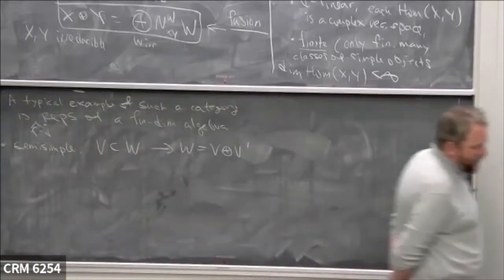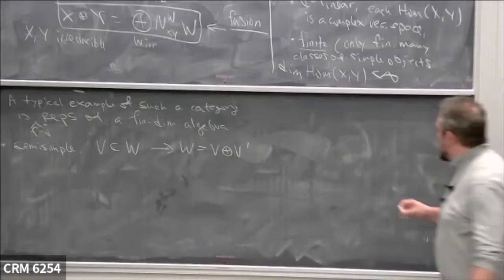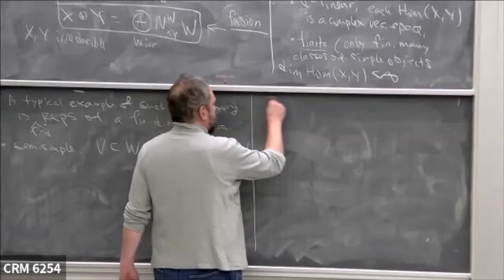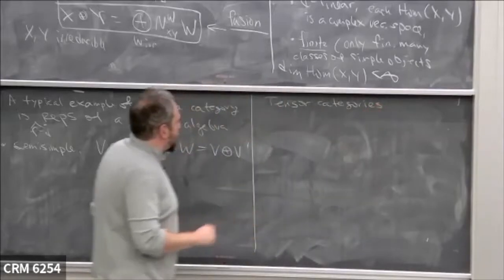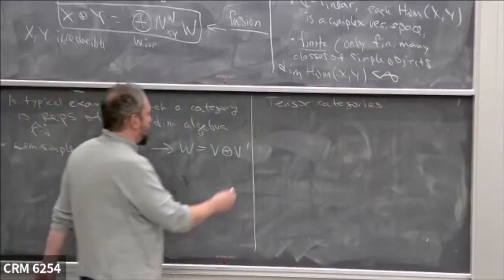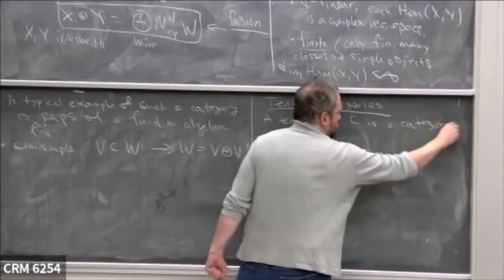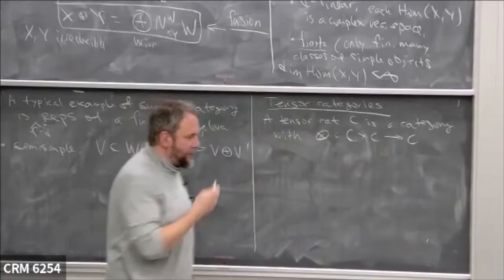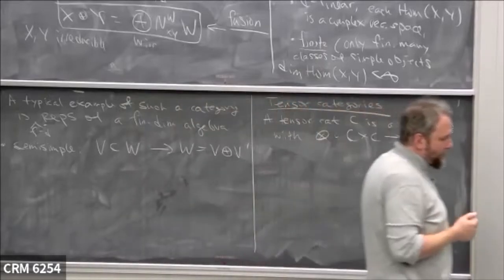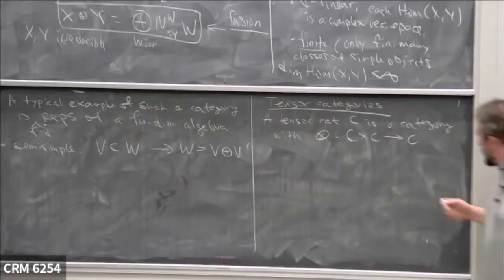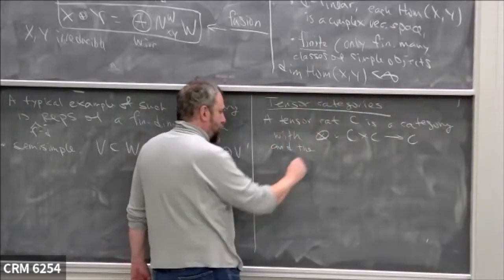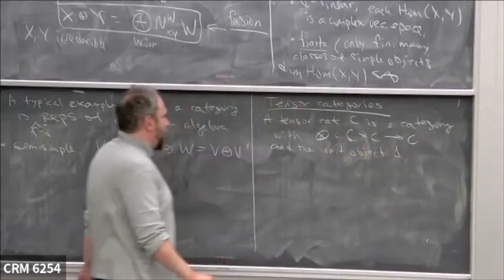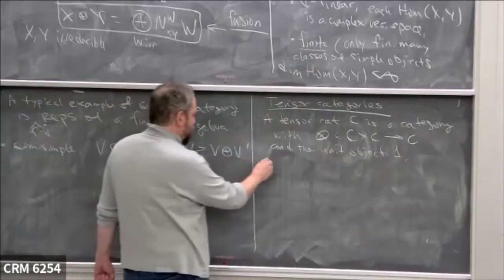All right. Now, let's get to the main definition. I'll talk about tensor categories first. By definition, a tensor category is a category with a bifunctor called tensor product, in addition to the direct sum that already exists, and a unit object, which we will call 1, along with the following data.